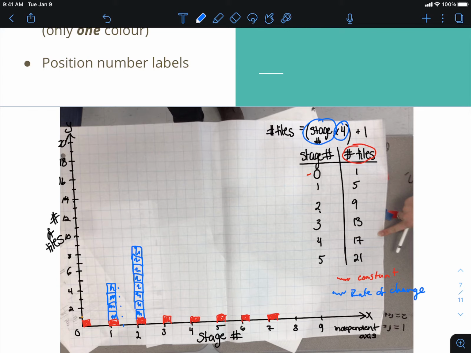How many tiles am I supposed to have in total? 9, right? It's 9 because the side of the graph tells me that it's 9, right? And so on and so forth, right? You're going to continue to do this. I'm going to do this quickly. I'm going to continue to draw these.